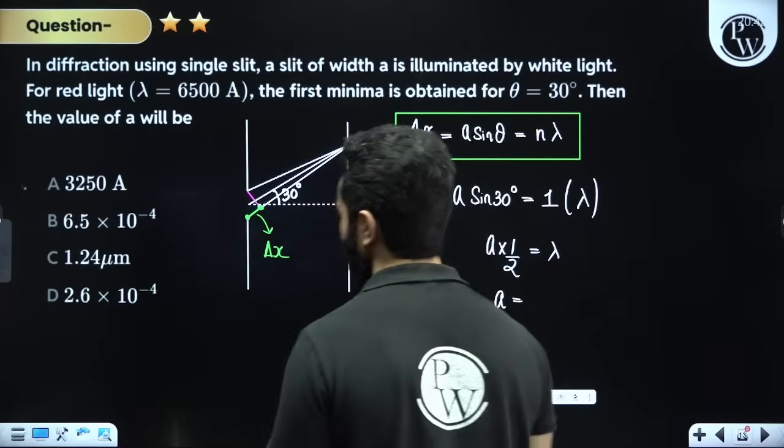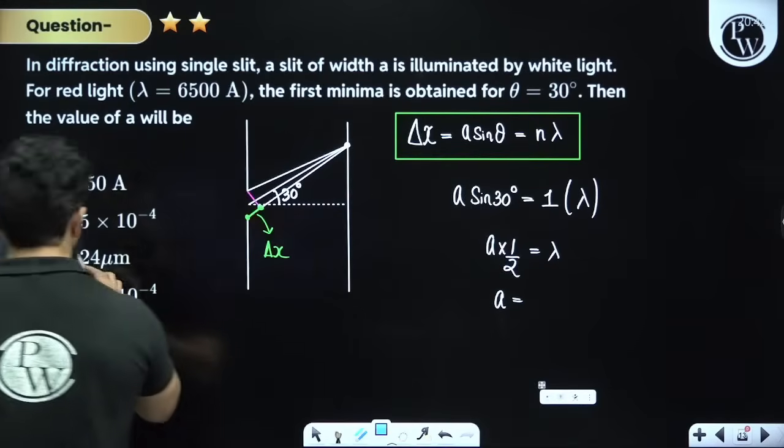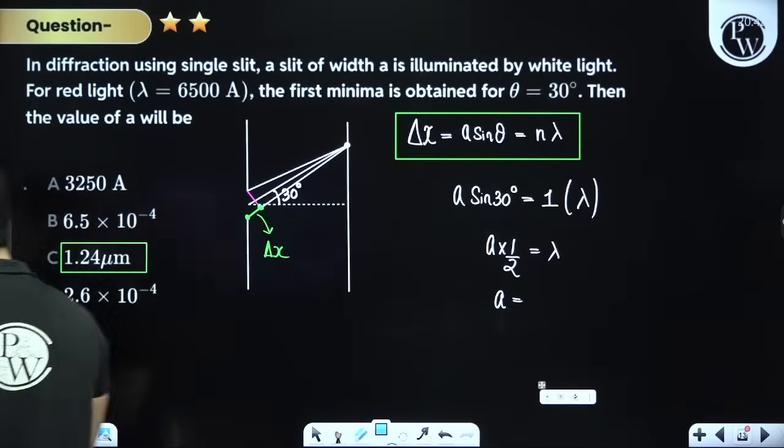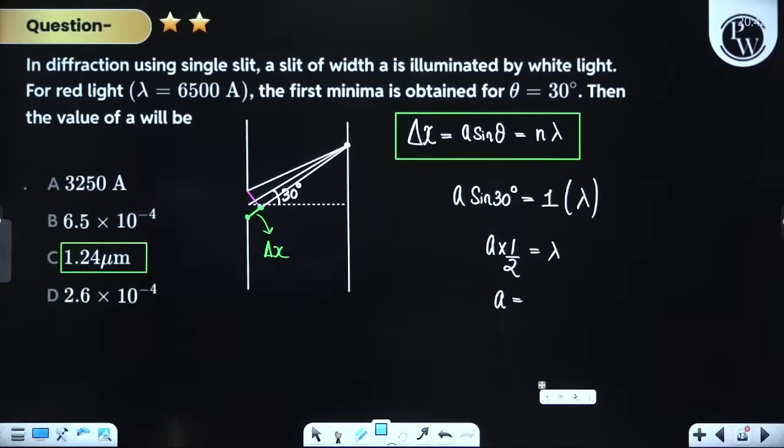I think options in this, let me check this unit. Hopefully unit is correctly mentioned in this.